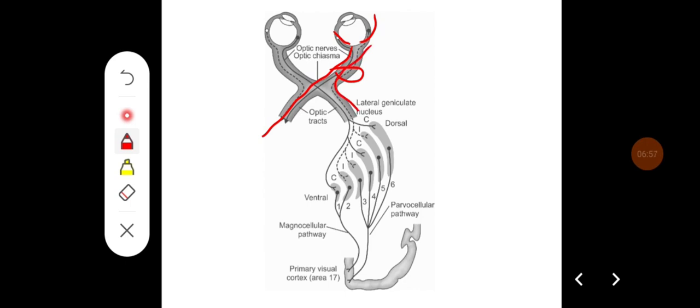So that is how the optic tract is formed from half of the temporal fibers and half of the nasal fibers of the same eyeball. Then they go to the lateral geniculate body, to the 6 layers, and from layers 1 and 2 the magnocellular pathway arises, and from 3, 4, 5, 6 the parvocellular pathway arises, and they project to the primary visual cortex.